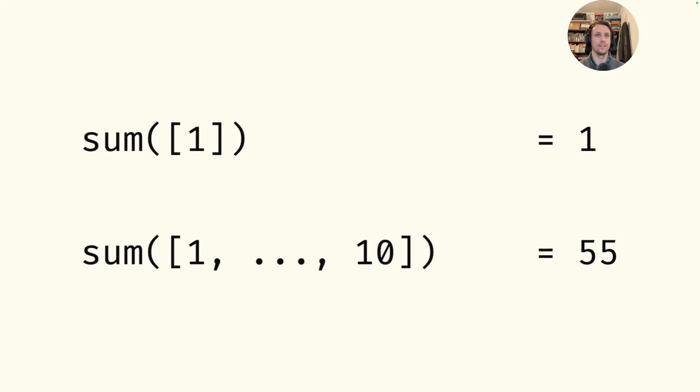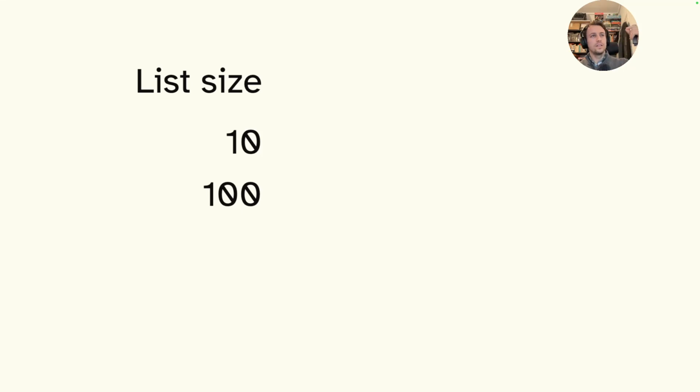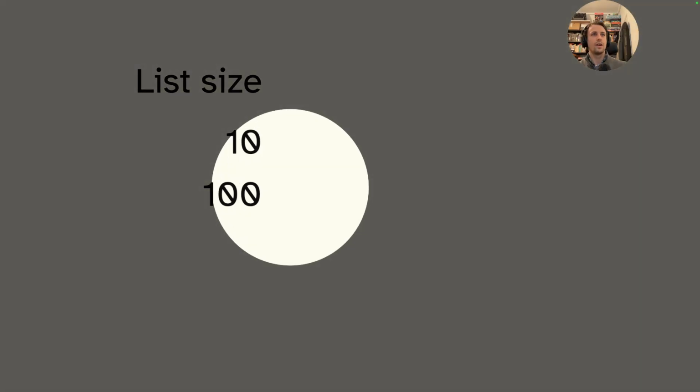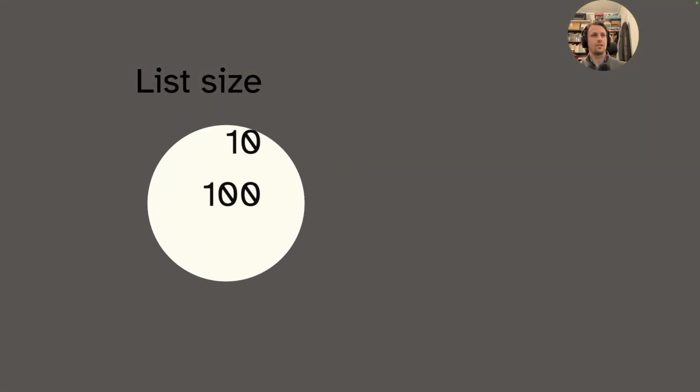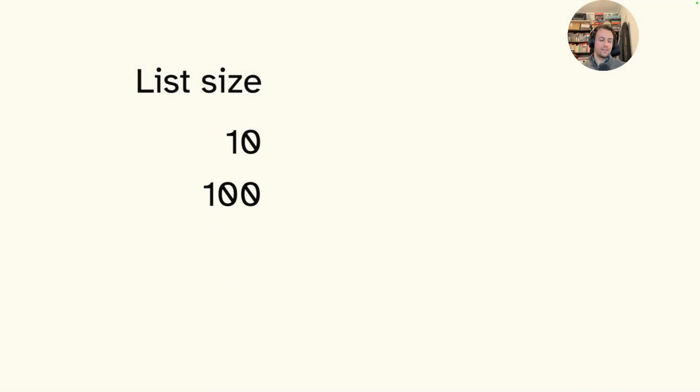It is 55, yes. And I'm not sure if you used a known shortcut, if you did the sum in your head. But what I want to think about when we think about this problem is the size of the list we're considering. If you have two different lists, one with 10 elements and another with 100 elements, then I don't really know how much time it will take to compute each sum.